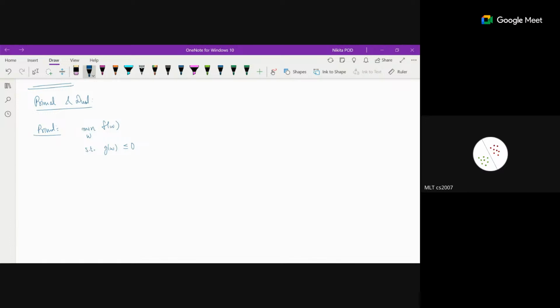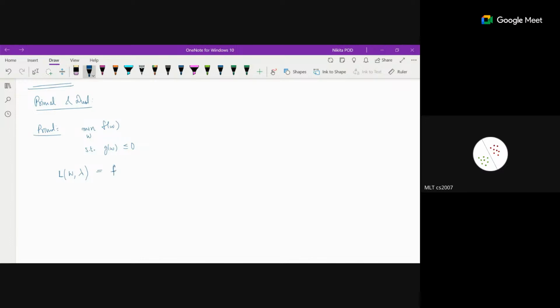Okay. So to solve any constrained optimization problem, we know we can use the Lagrangian method. So what do we do in the Lagrangian method? We define a Lagrangian function, and it will be a function of W and some lambda, right?